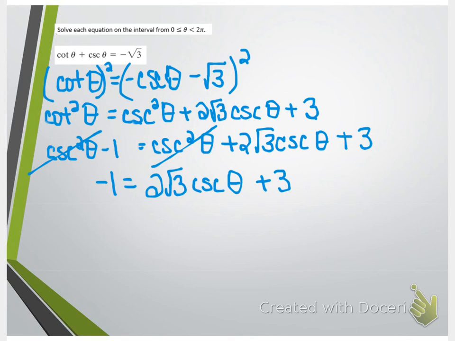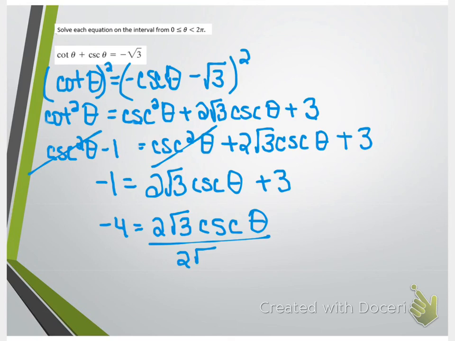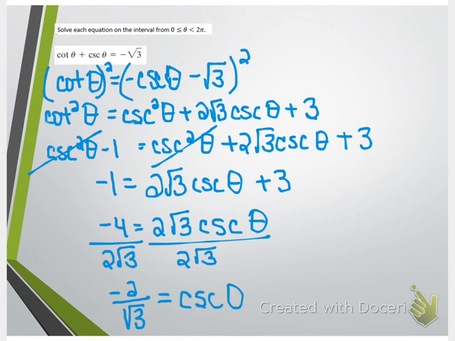I want to get the cosecant theta by itself, so I subtract 3 from both sides, and then divide by 2 root 3. So what is that? Negative 2 over root 3 equals cosecant theta.